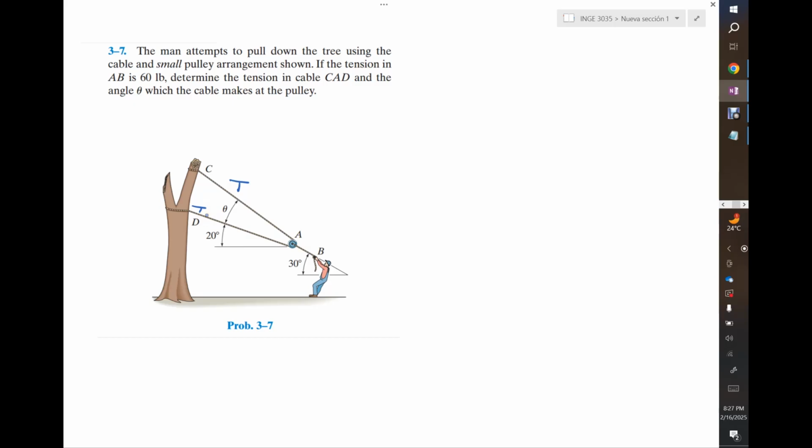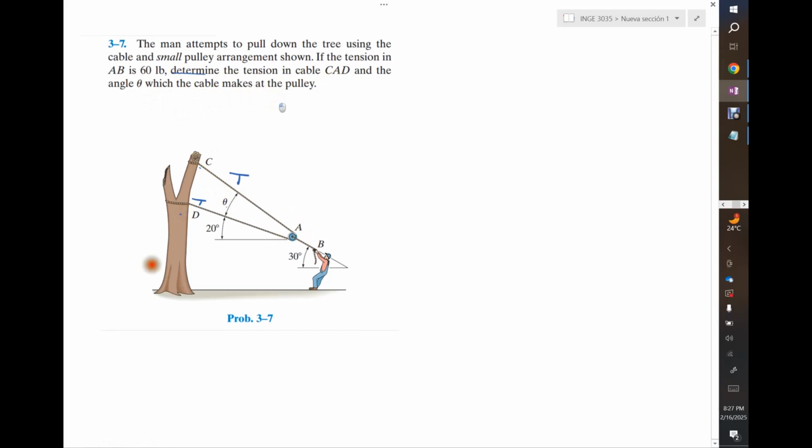So the question is, a man attempts to pull down a tree using a cable and small pulley arrangement shown. If the tension in AB, that's the tension here, is about 60 pounds, determine the tension in cable CAD, and the angle theta which the cable makes at the pulley.